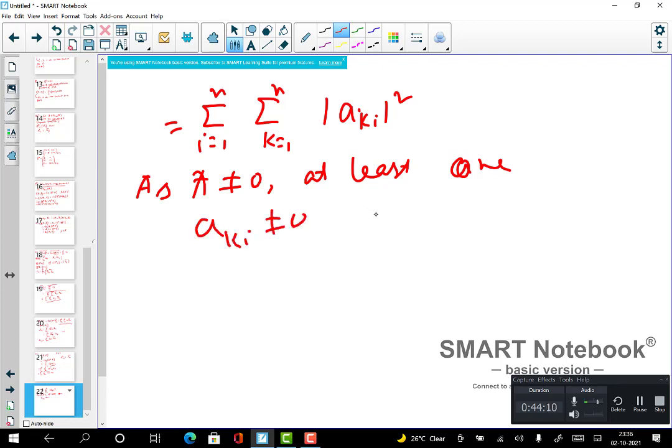One entry is not equal to 0. Otherwise, if all the entries are 0, then it is the 0 matrix, right? And thus this quantity cannot be 0. This quantity will be positive. Thus, the inner product of A and A is positive. And this proves that this Frobenius map is actually an inner product on the space of matrices. Okay, so this is the proof.